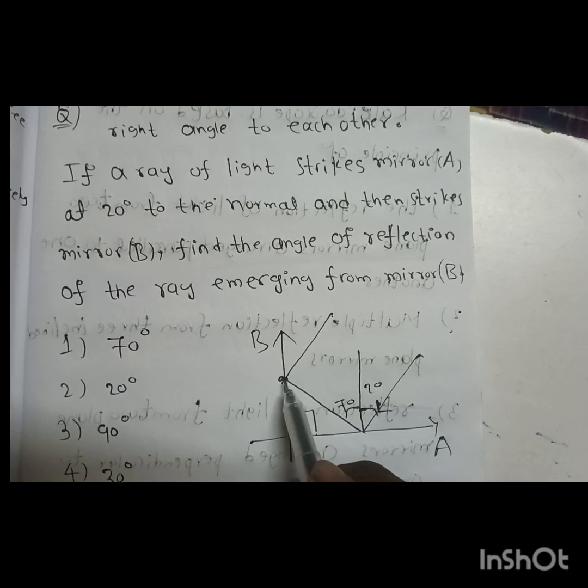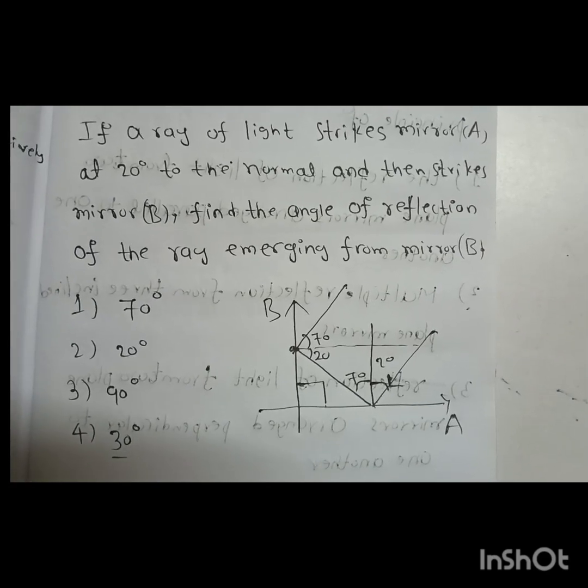If it enters like this, then the same happens again here, and the angle emerging from B is also 70. So that is option number 1. Very important and easiest question. They ask it again and again in our CTET examination.